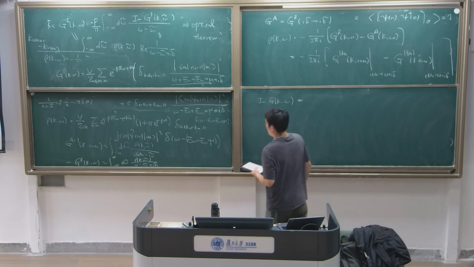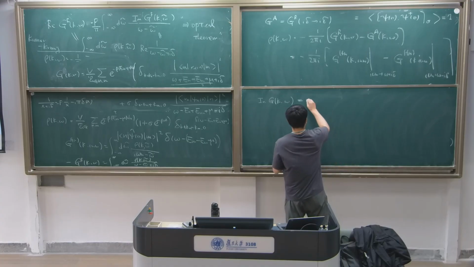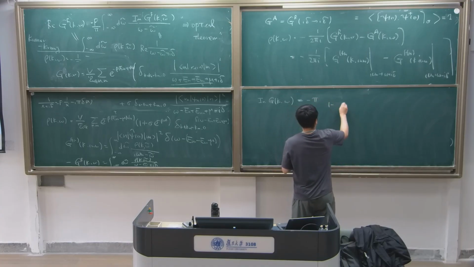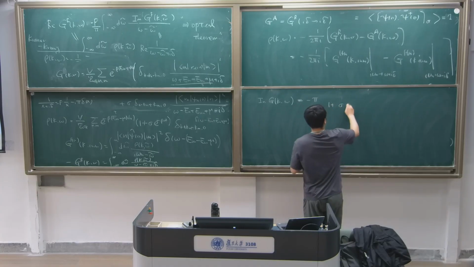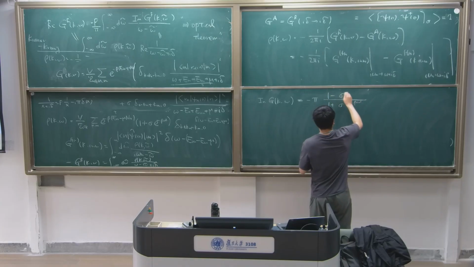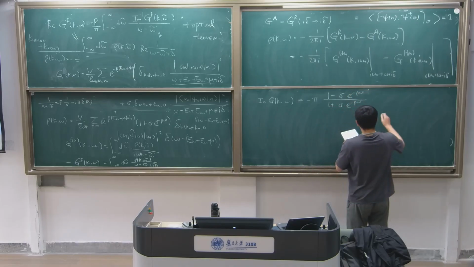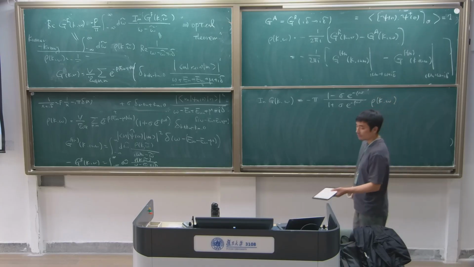Compare with this guy. So what's going to happen is that, I mean, this is a good exercise to do, but anyway, 1 plus sigma e to the minus beta omega, and 1 minus sigma e to the minus beta omega. Actually, that's what you get. And the rho is what you get.